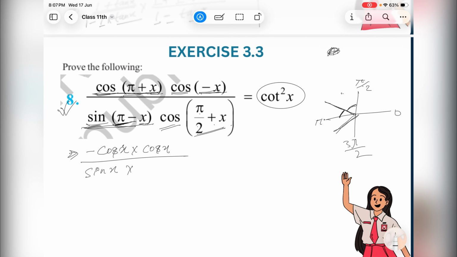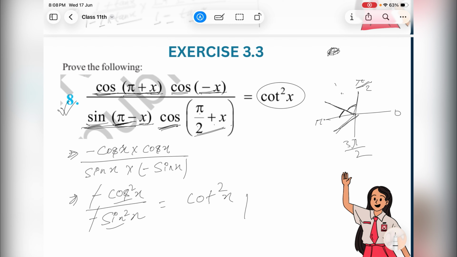So we are making an angle here with respect to pi by 2. When we make any angle with respect to the y axis, the function will change, and sine will change in cos. And in the second quadrant cos is not positive, so it will be minus sine x, right? So now we have minus cos square x upon minus sine square x. Minus minus cancel, so cos by sine is cot square x, proved.